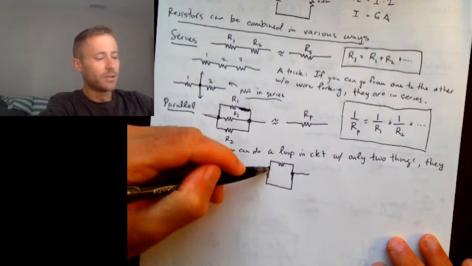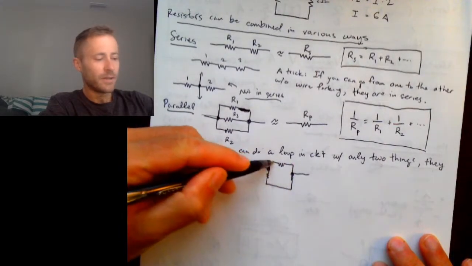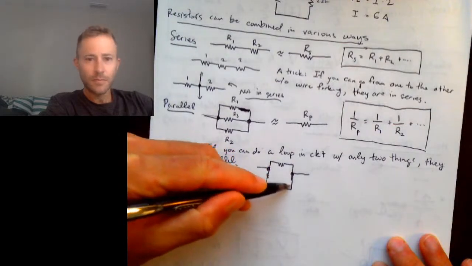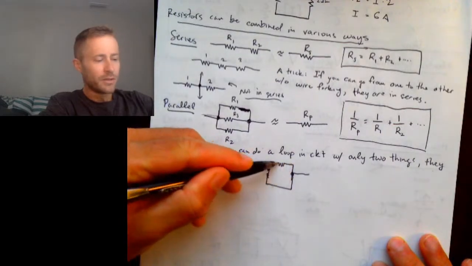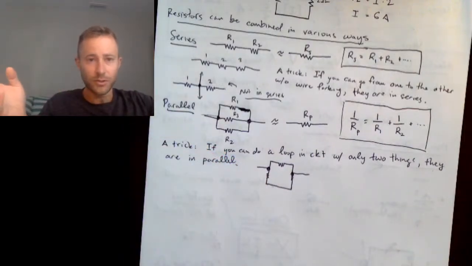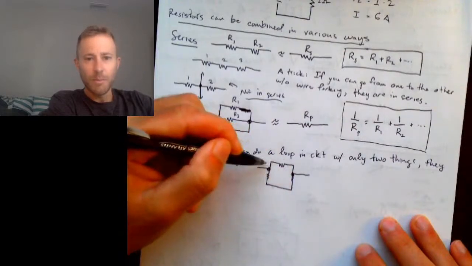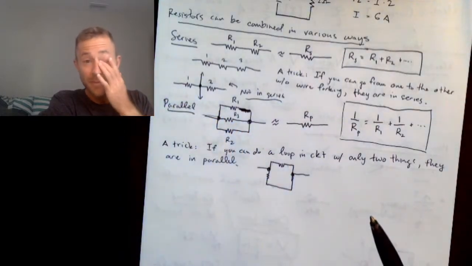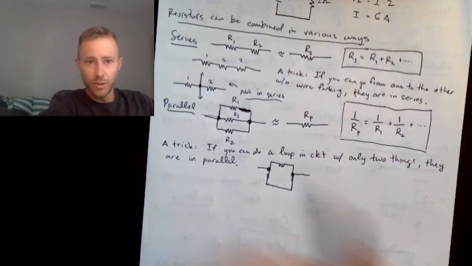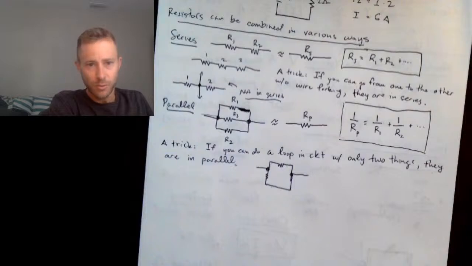Because I can imagine going around this square loop in the center, and the only resistors in it are these two resistors, and so therefore they must be in parallel. Okay, so if I can do a loop in the circuit with only two things, then those two things are in parallel and I can combine them according to this rule.